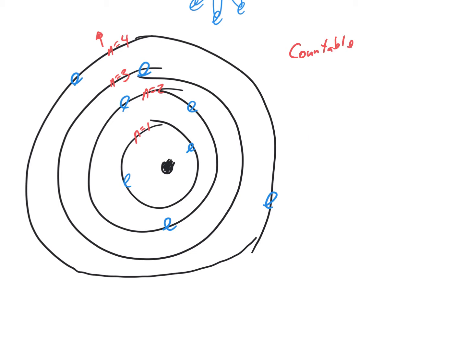And when I say countable, that's another way of saying quantized. So quantized, quanta, it's all about something being countable. This is where the term quantum mechanics comes from, or quantum physics or quantum chemistry.